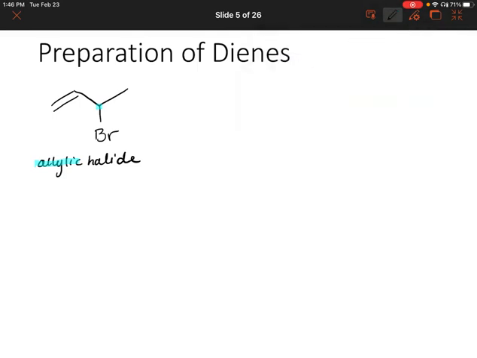Now we can do a simple elimination reaction to get our other double bond. What we'll use is a bulky base in order to prevent any substitution from occurring. So we can use potassium tert-butoxide, and this will go through an E2 mechanism. Remember, in elimination, we have a bulky base or a small base, depending on what elimination we're doing.